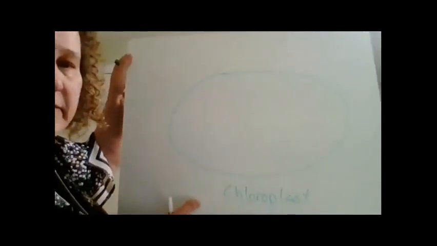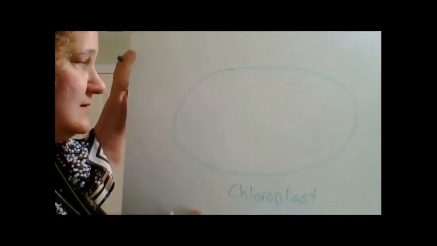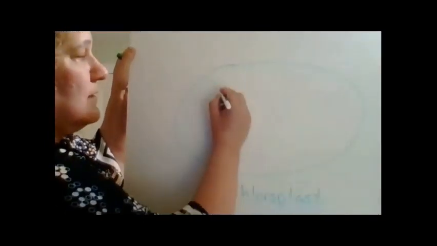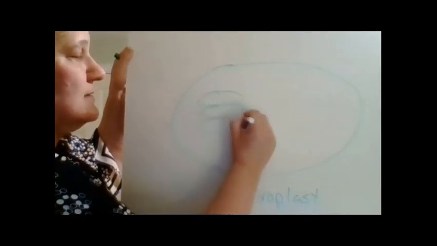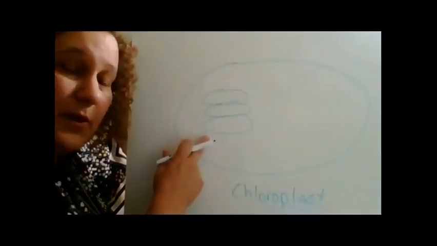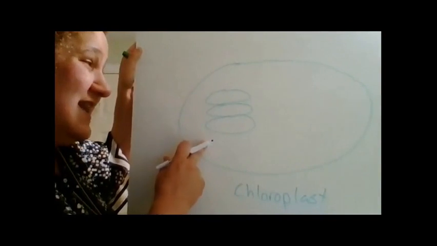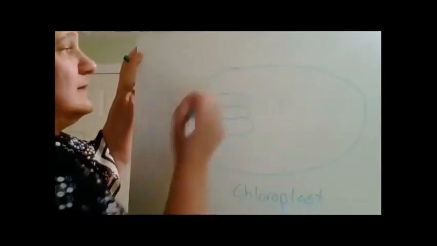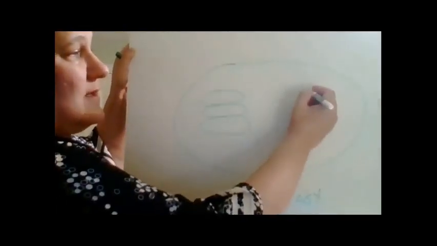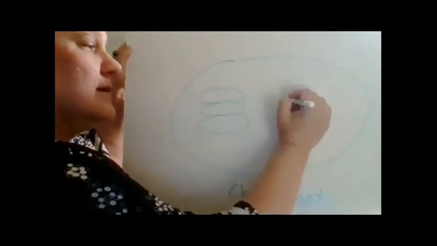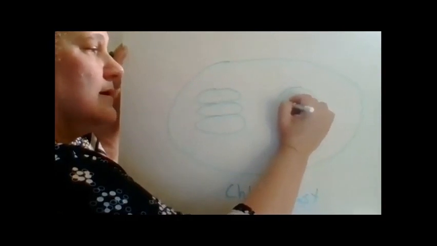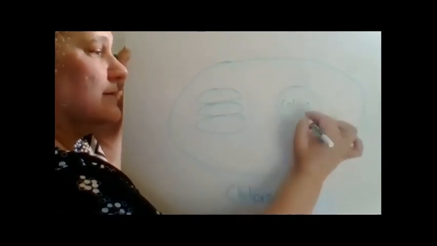Remember, this is a specific organelle to plant cells. Inside your chloroplast, you have pancakes. I'd like you to go ahead and let me know what these pancakes are. And then you have another space where you have something called the Calvin cycle going.